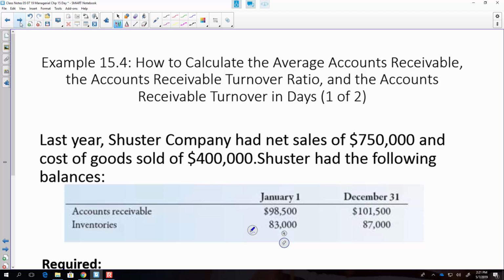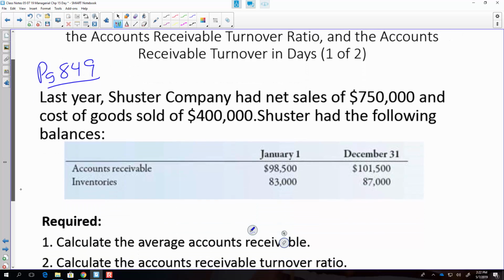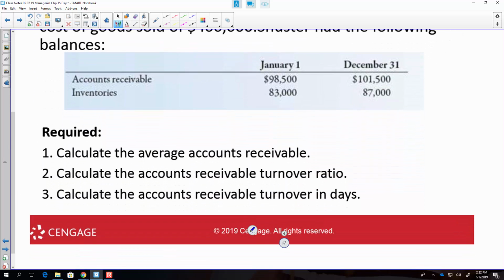Example 4 is our example for this particular ratio on page 849. And they do both steps. You come up with this rate. Basically, we got 3 computations. So here's the ratio and the average, that's step 1. And then step 2 is converting into days. So we got to look at an average, right?